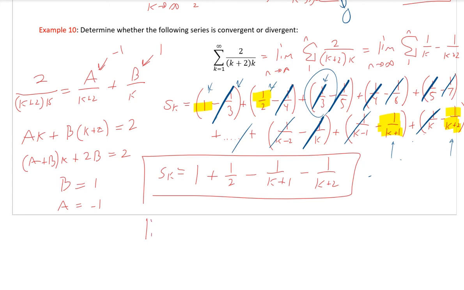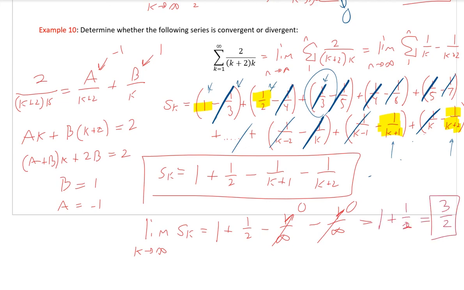So now, if I look at the limit as k approaches infinity of that partial sum, I get 1 plus 1/2 minus 1 over infinity, which goes to 0, minus 1 over infinity, which goes to 0. So I get 1 plus 1/2, otherwise known as 3/2. So this series is convergent and is converging to 3/2.